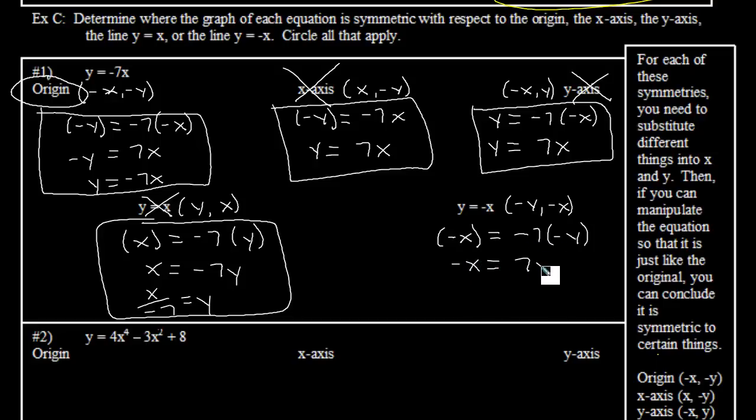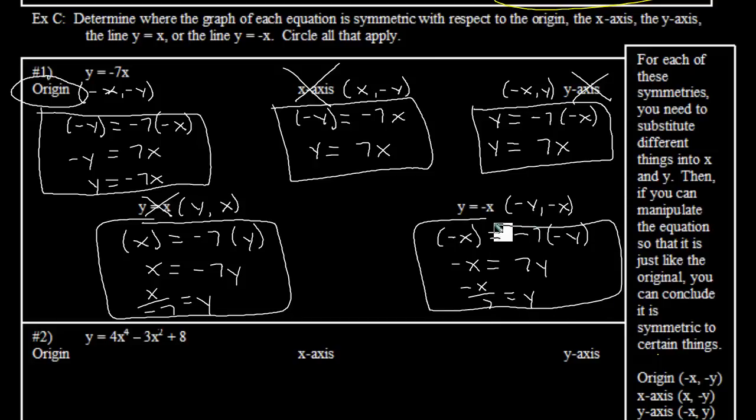Simplify it, negative 7 times negative y is 7y. Divide both sides by 7. This is not the same as the original. Therefore, it's not symmetric with the line y equals negative x.